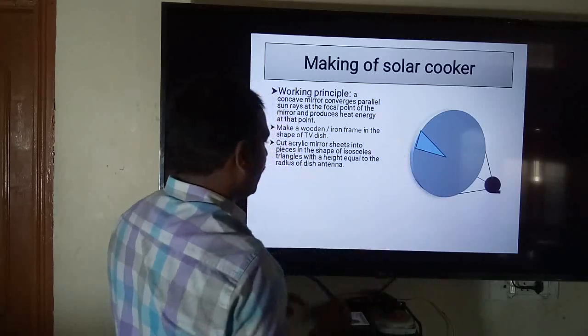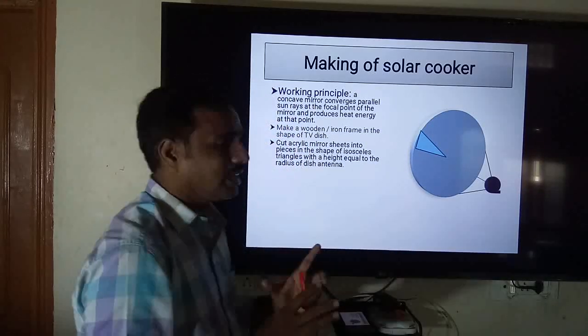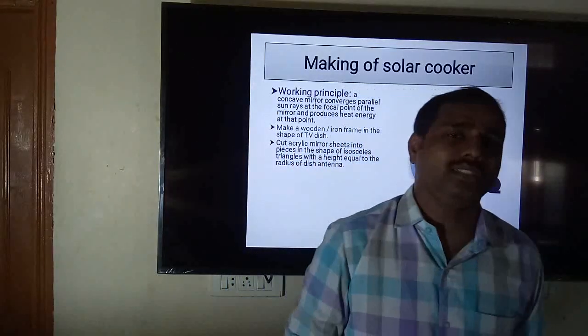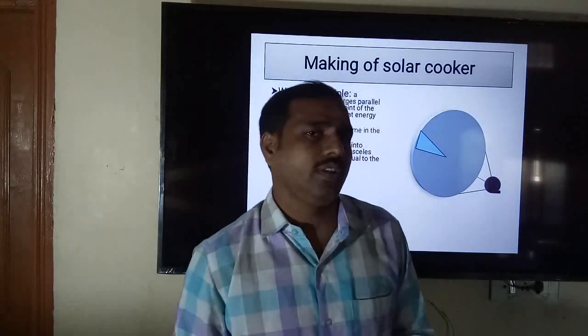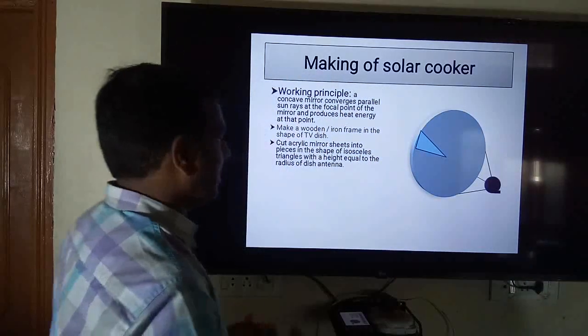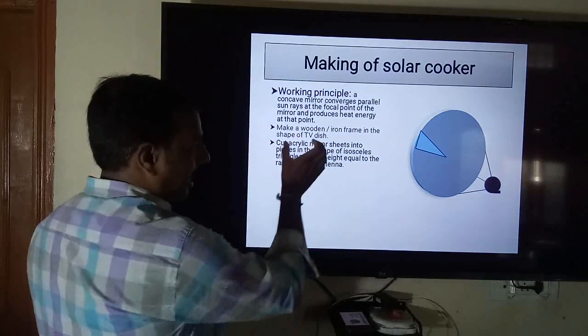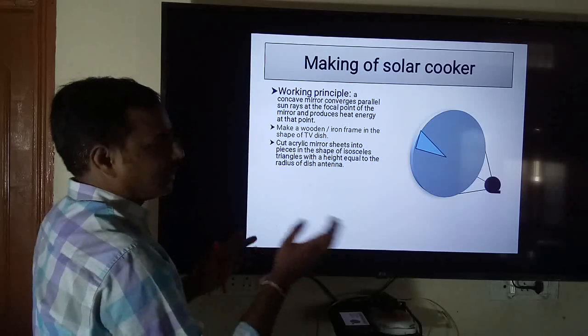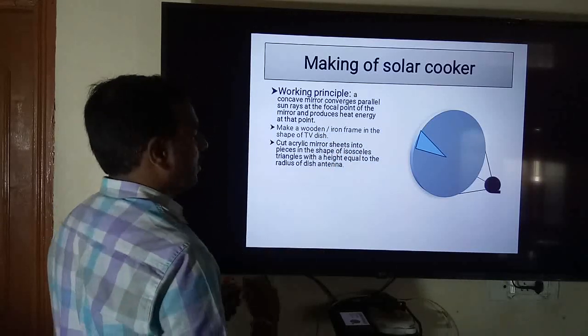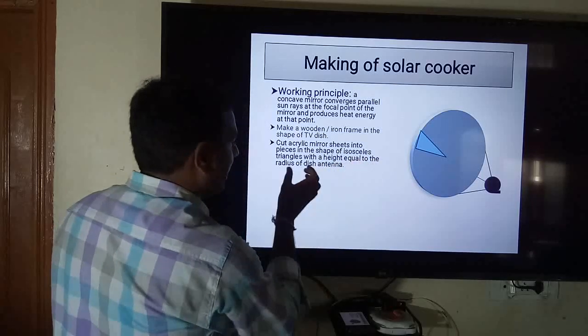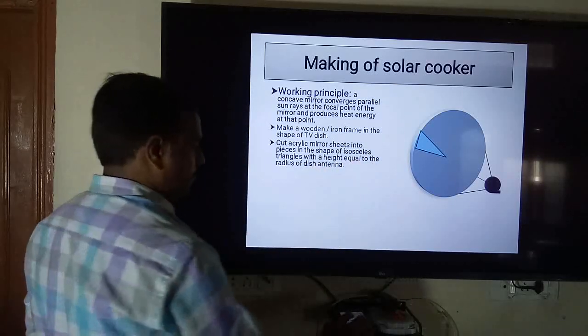In the same way, we have to cut the acrylic sheets. Why? Because acrylic sheets give good reflections. We can make nearly 8 to 12 sheets, cut as isosceles triangles, with the same radius as the antenna.